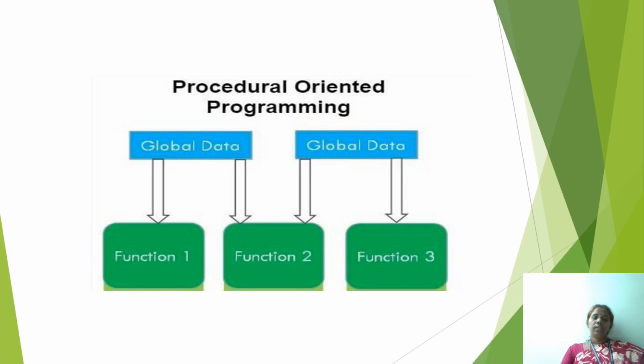So that data can be accessed by function 1 and function 2 for the first global data, and the second global data can be accessed by function 2 and function 3. So this is also called reusability. So this is the procedural way we have to use in procedure-oriented programming.